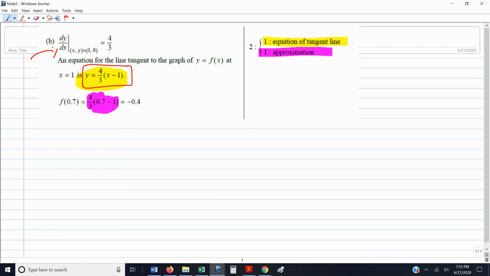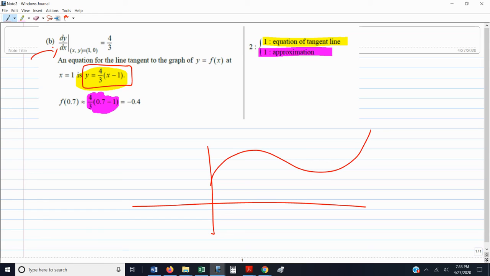The final thing I wanted to say was just the idea behind this, quickly. If you have some graph, and what point are we doing? x equals 1. So let's say x equals 1 is here. The idea was that if you take x equals 1 and write an equation of the tangent line at x equals 1, you could take some point, in this case 0.7, and plug it into the tangent line.